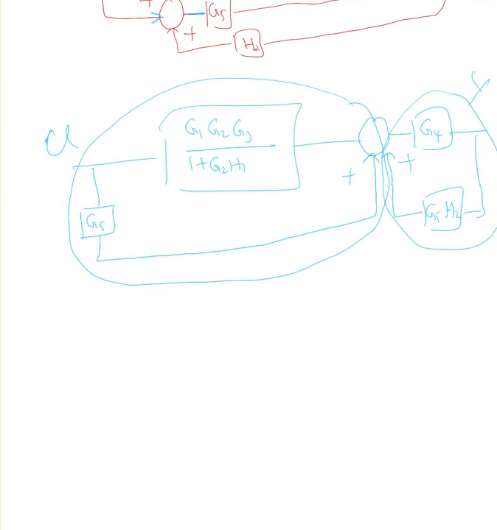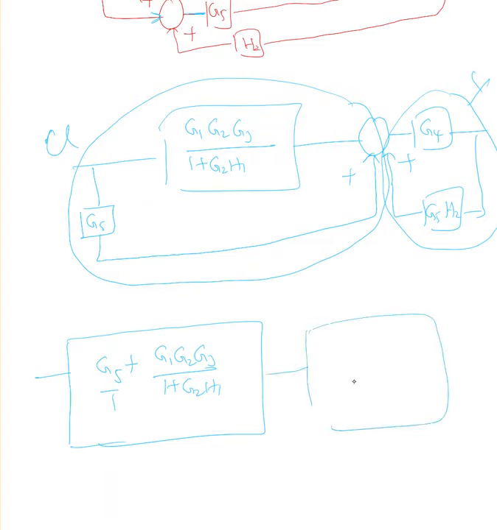Okay, after simplifying this, we have to add it, g5 plus z1, z2, z3 over 1 plus z2 h1. Okay, make it as a single term, we can combine that. Here it is going to be g4 over 1 minus g4 g5 h2. This is y, this is u.